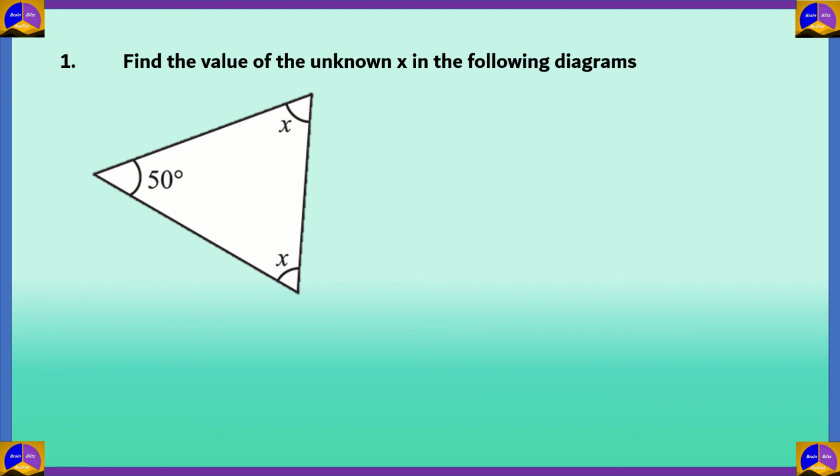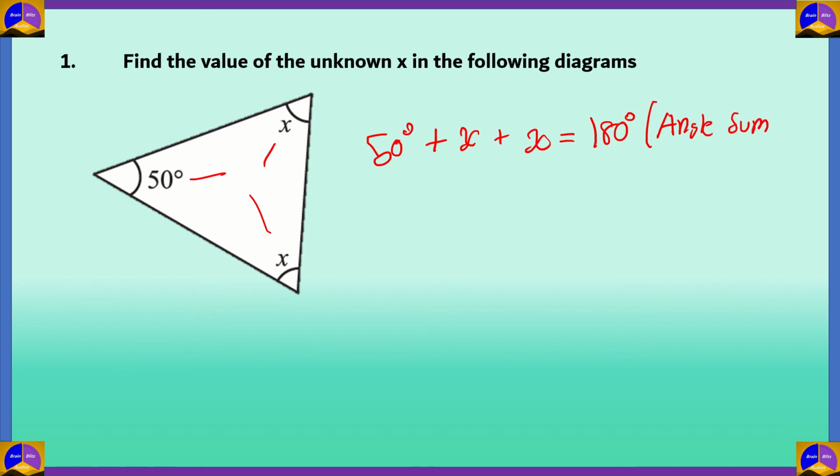Next question. In this question we have to find x, and the interior angles are 50 degrees, x and x. So 50 degrees plus x plus x would be equal to 180 degrees. Reason: angle sum property.